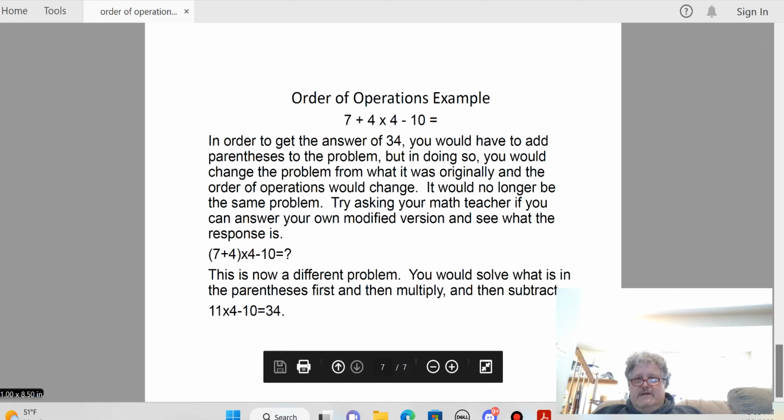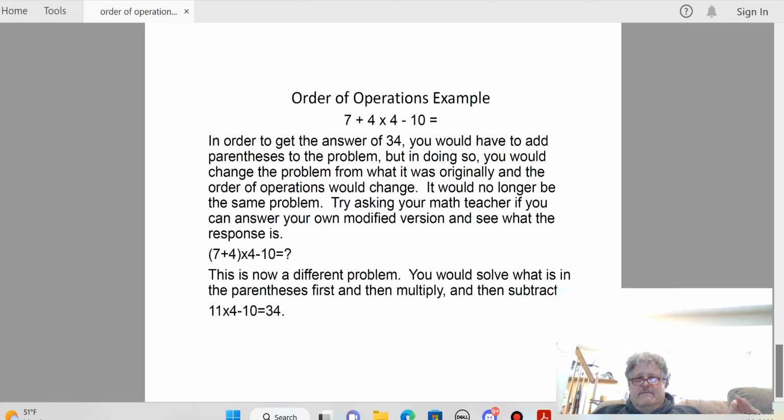They say you can't do that, you just told me I can't add them wherever I want. You can't add them in the problem where it changes the order of operations. Putting parentheses around the 4 times 4 does not change the order of operations. You're still doing the multiplication first. Okay, so let's get that out of the way.